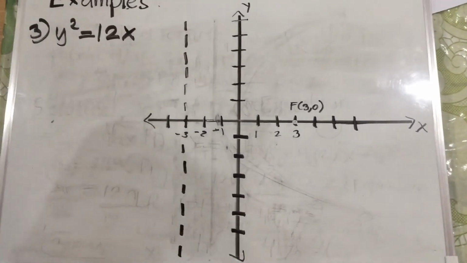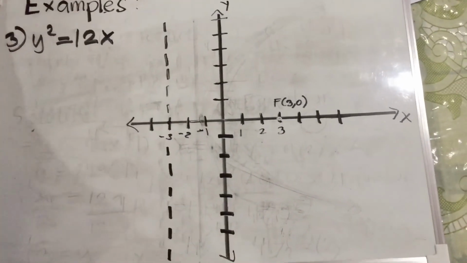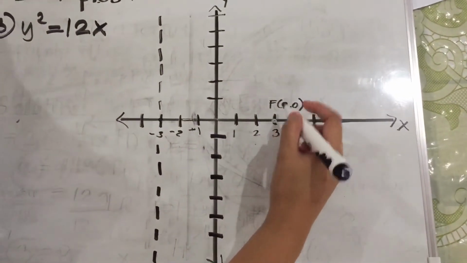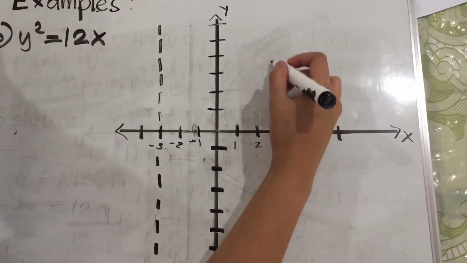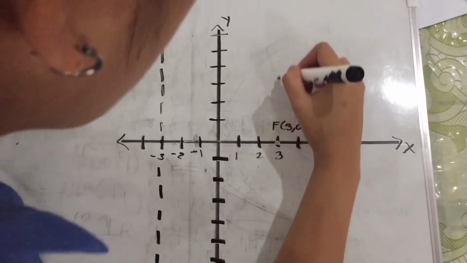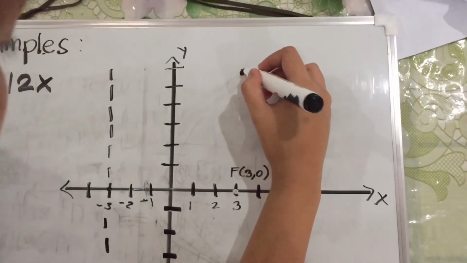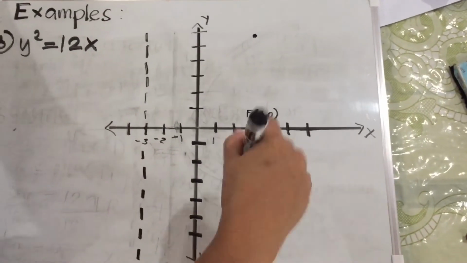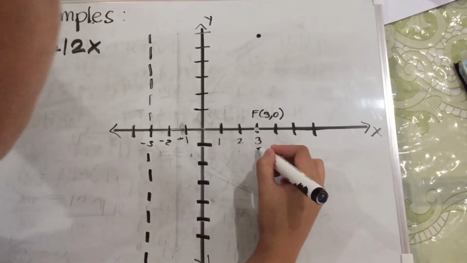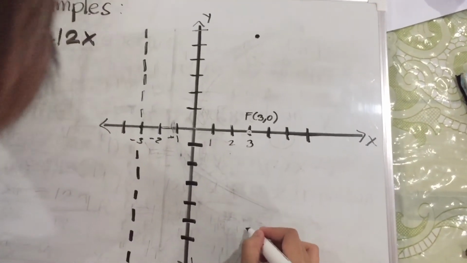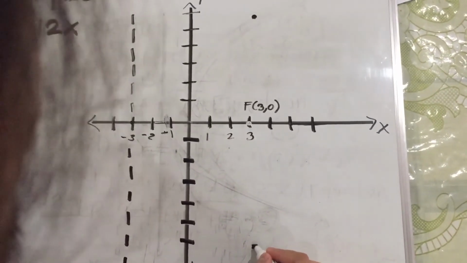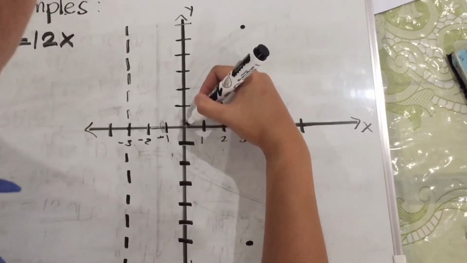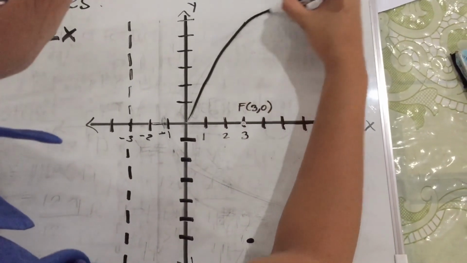And the length of latus rectum is 12. Divide by 2. So we will move upward a unit of 6. 1, 2, 3, 4, 5, 6 from the focus. So it's here, point here. And another 6 downward, unit of 6. 1, 2, 3, 4, 5, 6. So it's here from the focus. So the parabola will look like this.